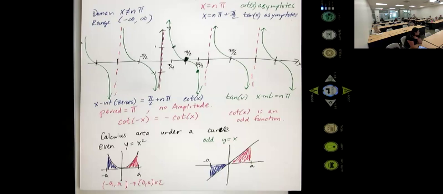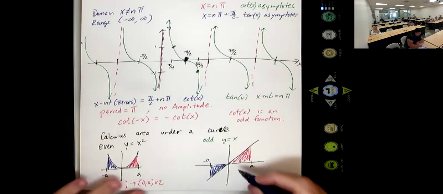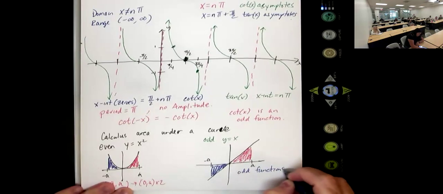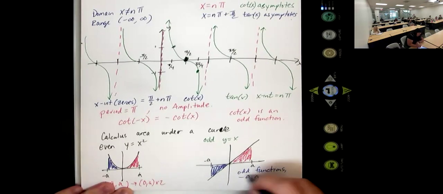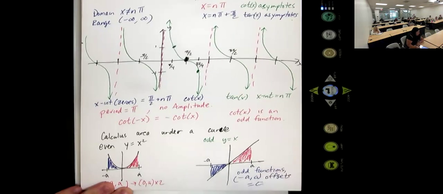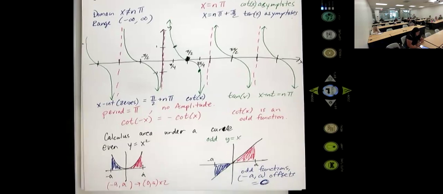Unless you start treating things as positive, you can do a signed area, but otherwise they kind of offset. So on an odd function, these offset. You get 0. Which is handy. So having an odd or even function becomes useful, and that's why we're bringing it up.